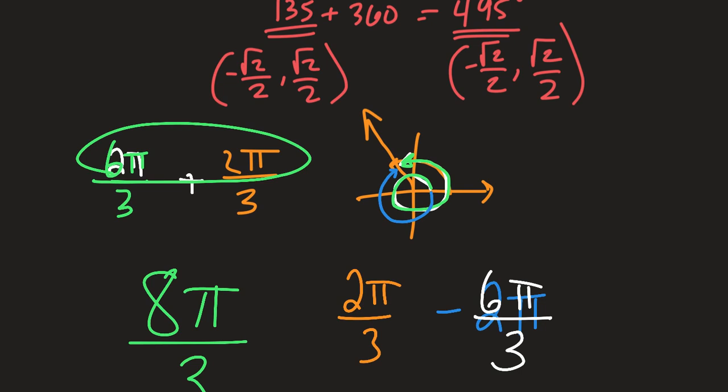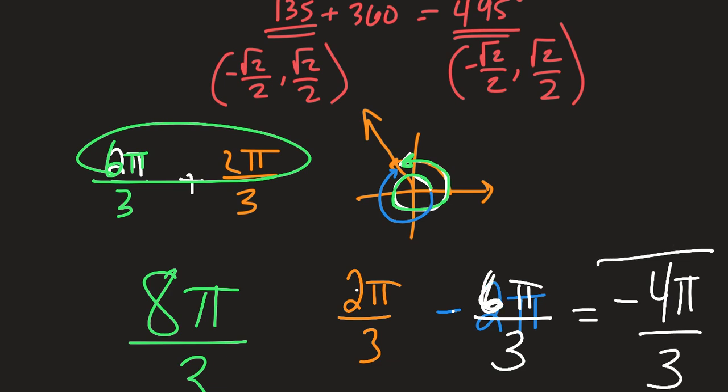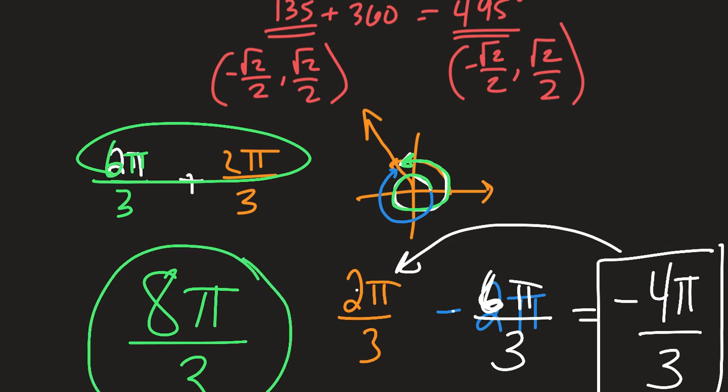We can't subtract a fraction from a number or a number from a fraction without the denominators matching. So 2 minus 6 is negative 4 pi over 3. So this would be a negative angle that is coterminal with 2 pi over 3. And this green one is a positive angle that is coterminal with 2 pi over 3.